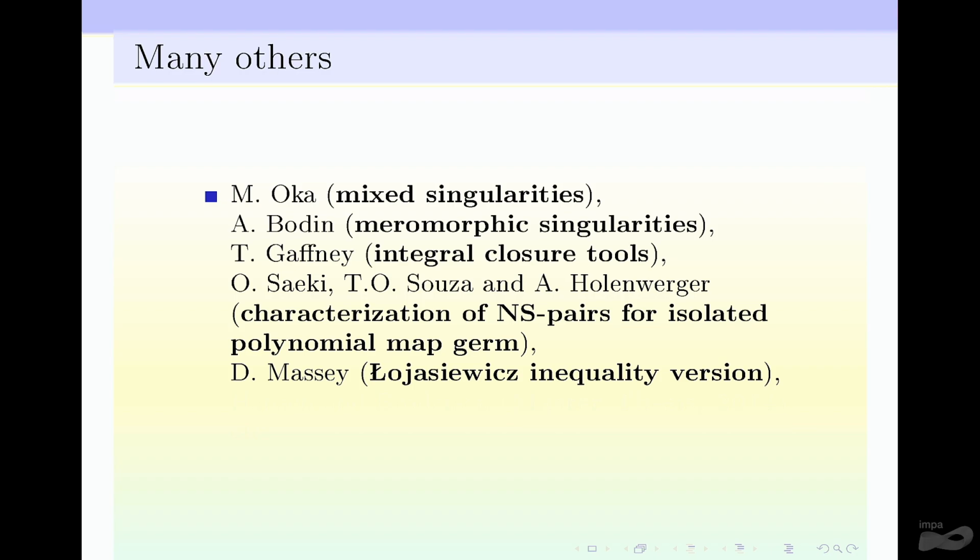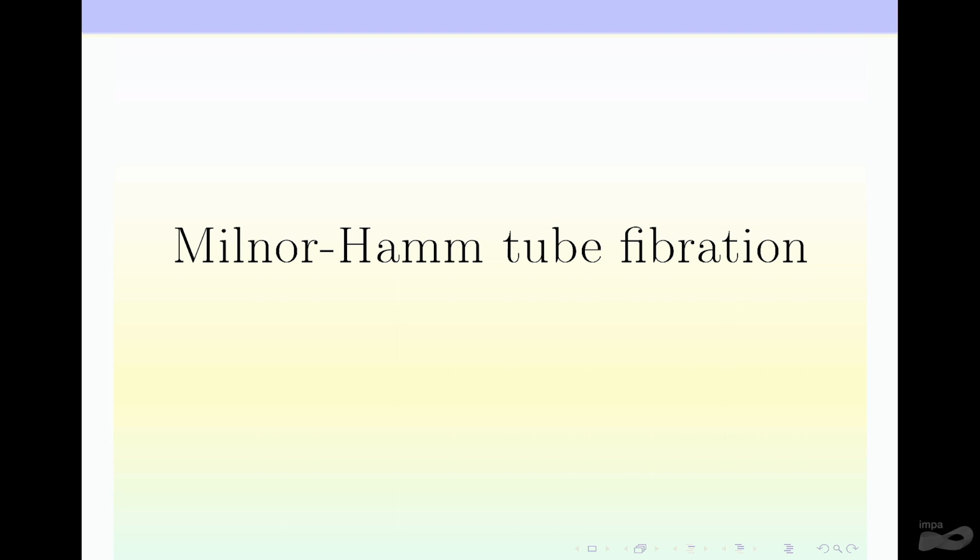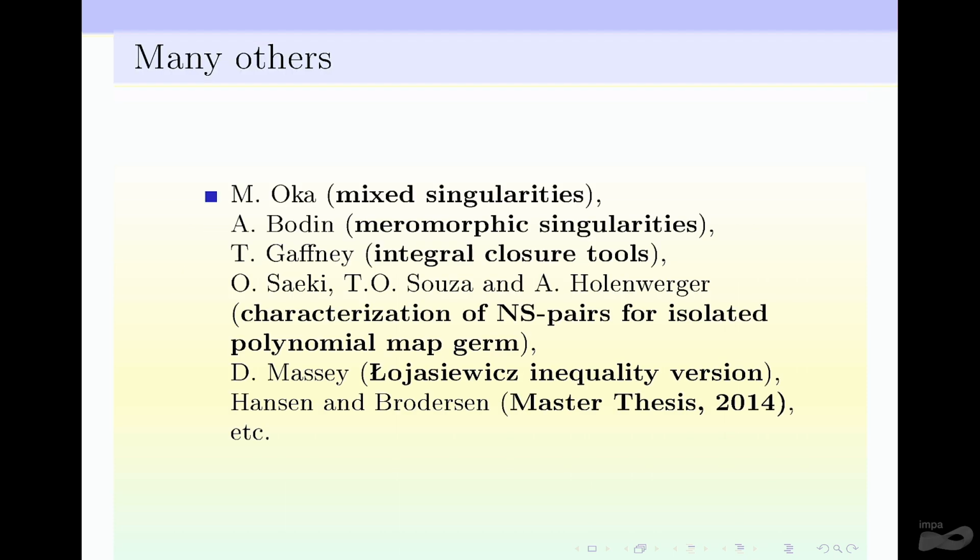So he was working to get conditions for a map to satisfy what they call the stronger Łojasiewicz inequality, a kind of strong Łojasiewicz condition for real mappings. And who else? Hansen, Broadsen, and yeah. So a lot of people have developed some work in such a setting.